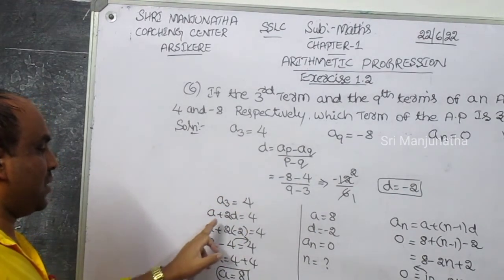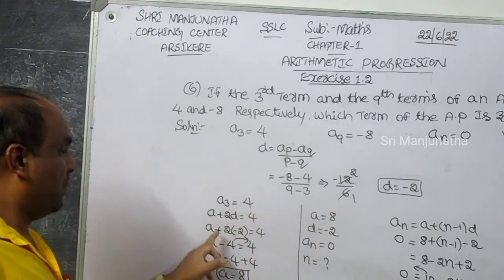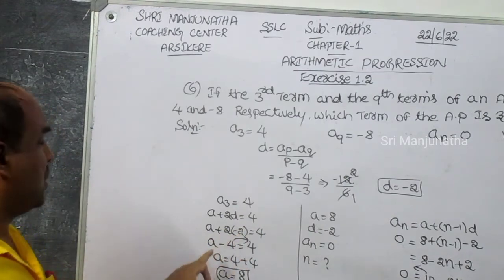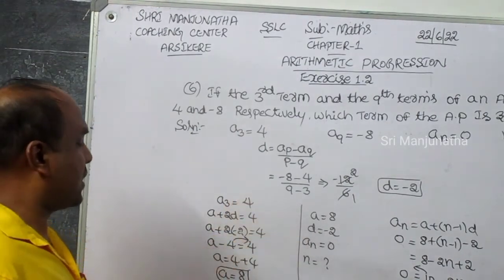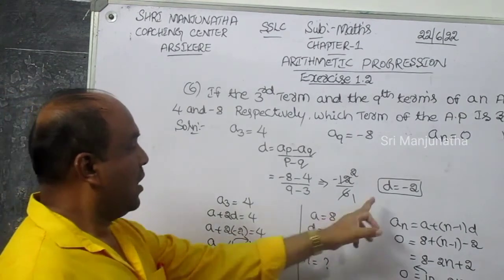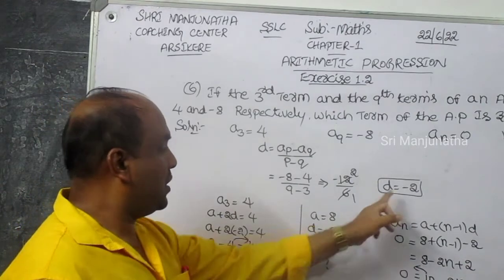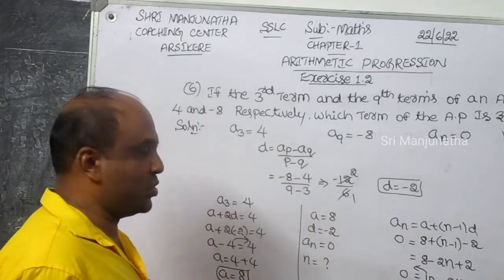Write a similarly, plus 2d, which means minus 2, equals 4. Plus into minus, minus 2 twos are 4, equals 4. Minus 4 goes to the other side, plus 4. 4 plus 4 is equal to 8. Then a equals 8, d equals minus 2, an equals 0. n is equal to question mark.